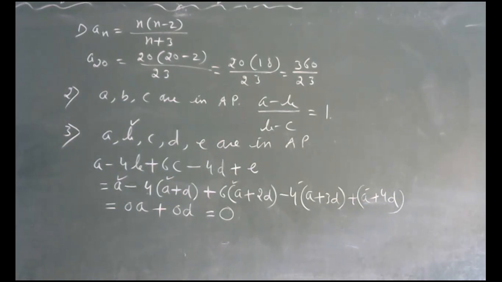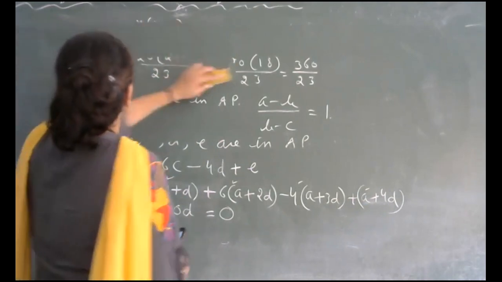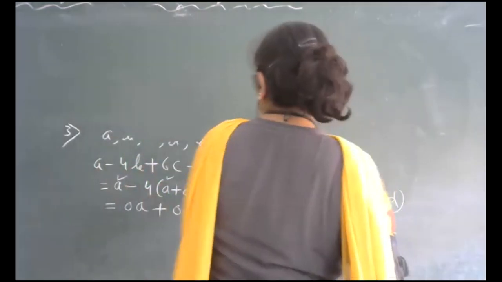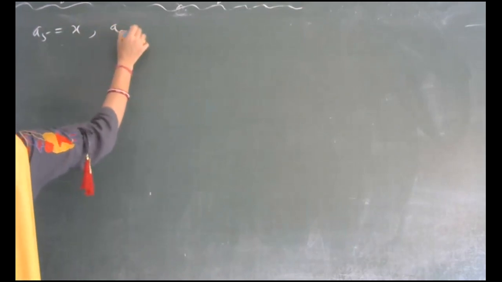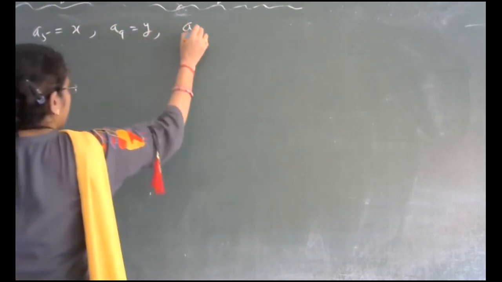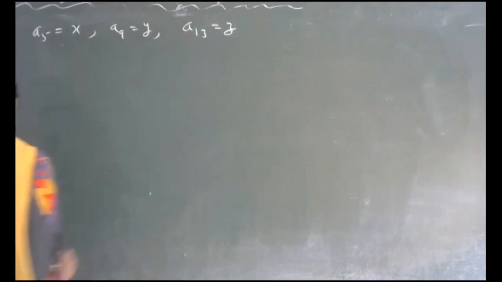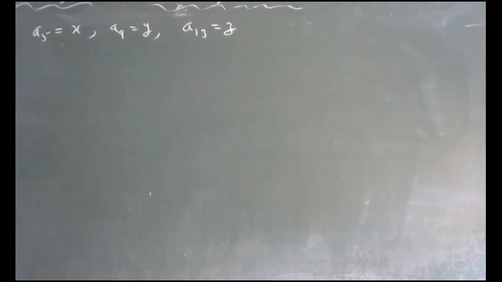5th, 9th and 13th term of a GP are X, Y, Z. So here A5 is equal to X, A9 is equal to Y, A13 is equal to Z. 5th, 9th and 13th term of a GP are X, Y, Z respectively.